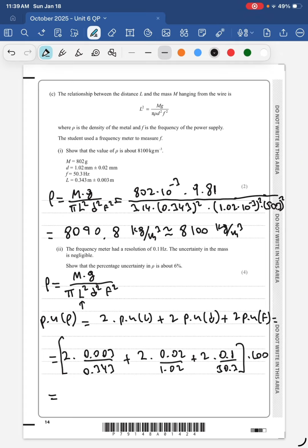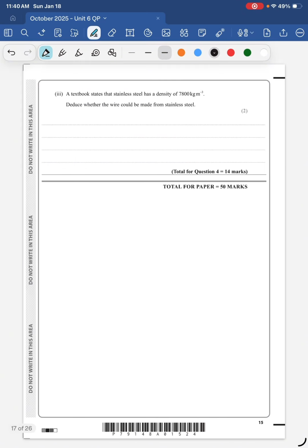So 0.003 over 0.343, times 2, plus 2 times 0.02 over 102, plus 2 times 0.1 over 50.3, times 100 is perfect. 6.07%, which is about 6%, and this is good. Life is good.